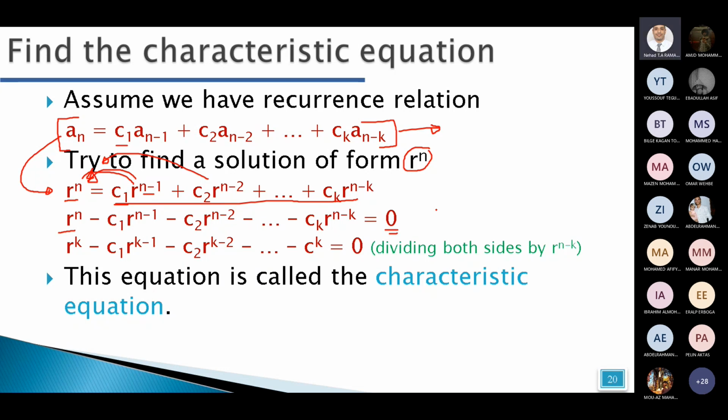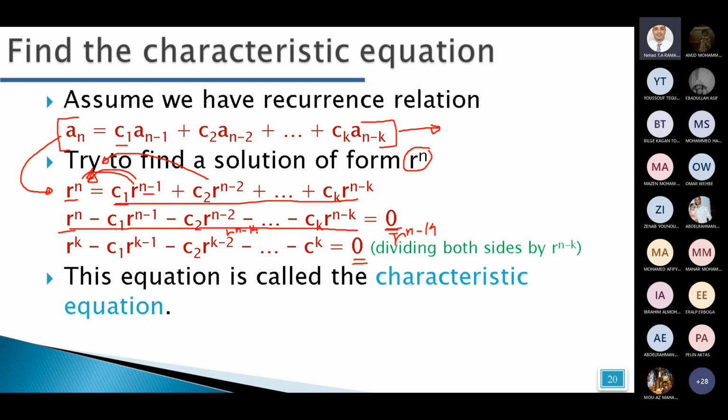Now, to make it much easier, divide everything. If you divide the left side and the right side by the same thing, you will have the same result. So I will divide the left side by r^(n-k), and divide the right side by r^(n-k) as well. Zero divided by anything is 0.